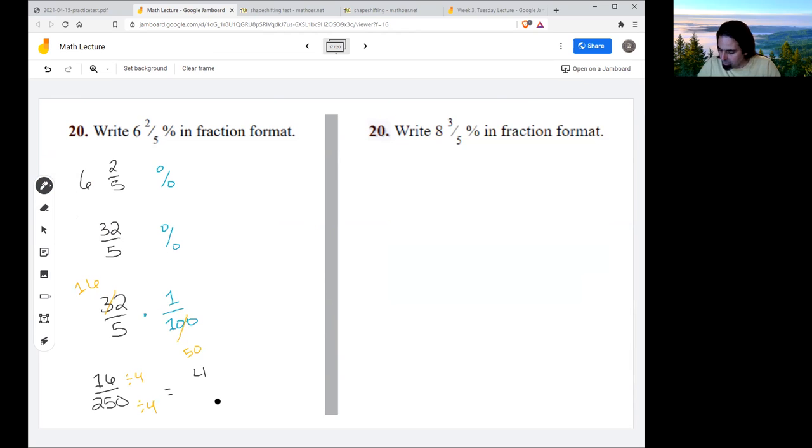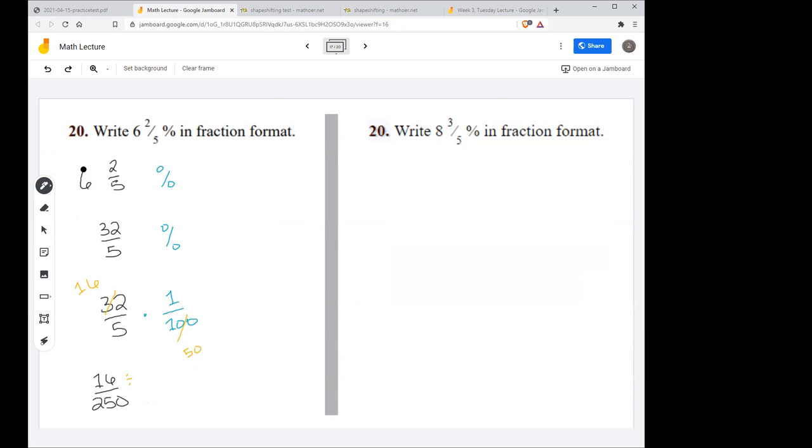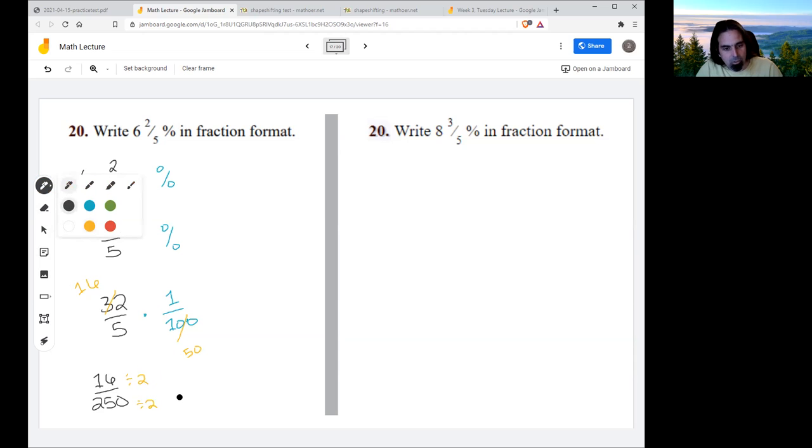No, that's only divisible by 2. 8/125. Thank you, Randy. I'm not remembering my own rules because I'm rushing.